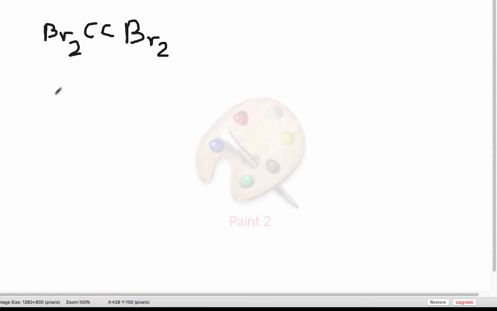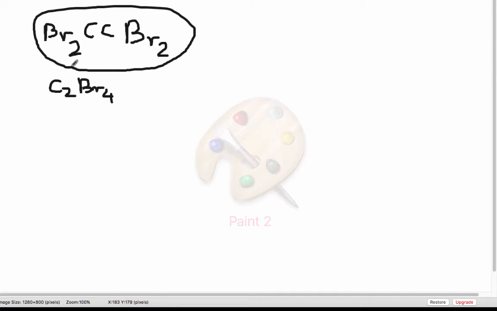It could also be written like this. So that's dicarbon tetrabromide. The reason that they've drawn it like the above one is it gives you an idea of the structure of the covalent compound.